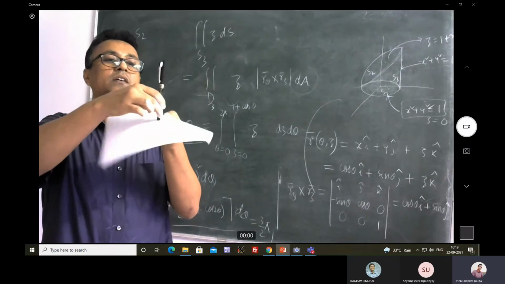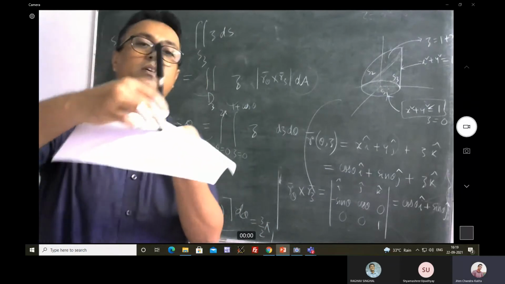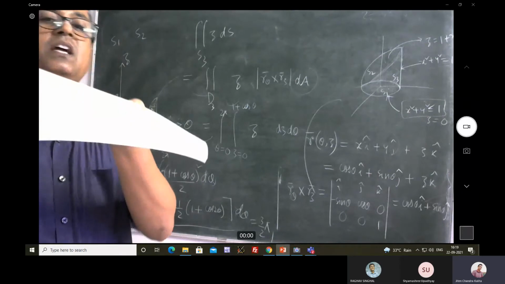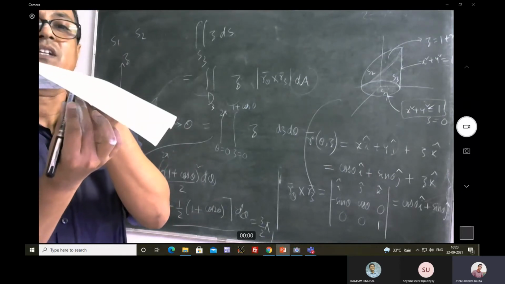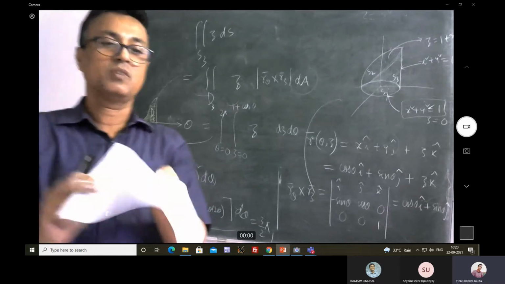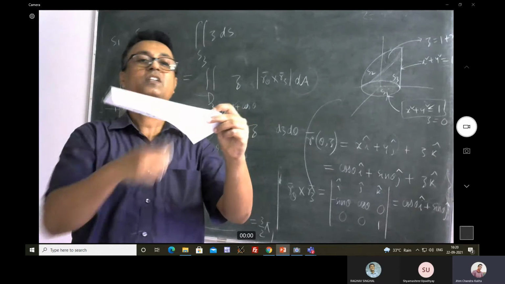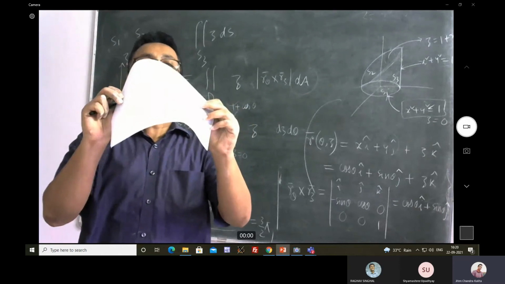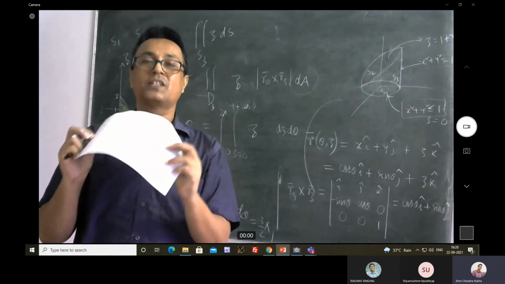I can consider a normal here. This is your outward normal, and similarly at the same point I could have taken an inward normal, isn't it? That was possible because this has two distinct sides. Such surfaces are called oriented surfaces.